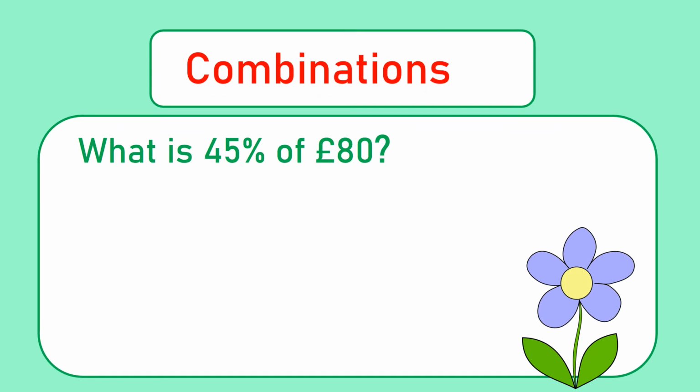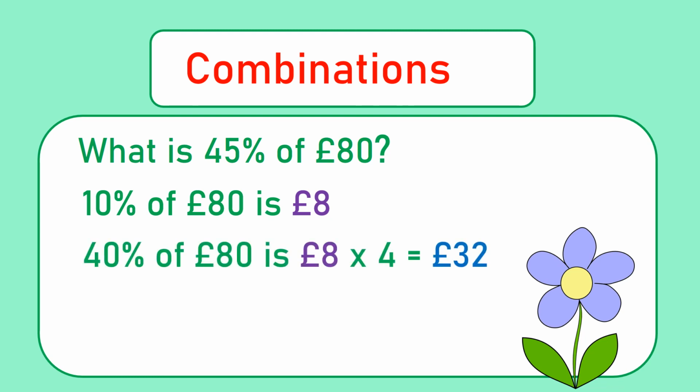So we can combine these different methods for finding different percentages to make different numbers. So 45% of 80, well, we know 10% is £8 because we divide 80 by 10. We could then multiply 10% by 4 to give us 40%.